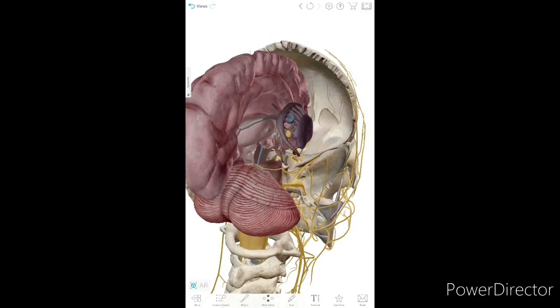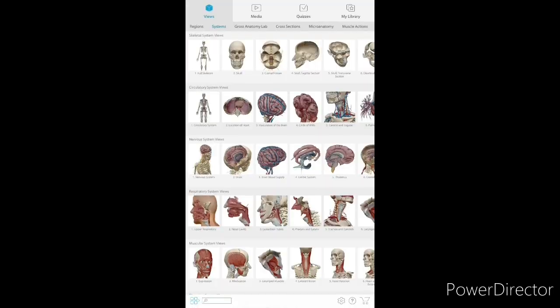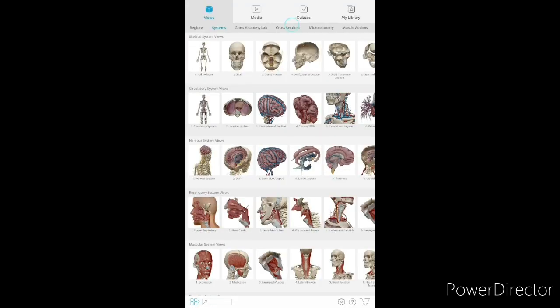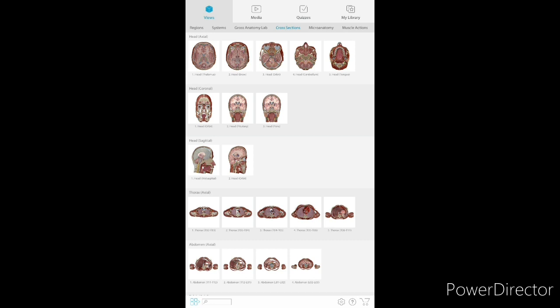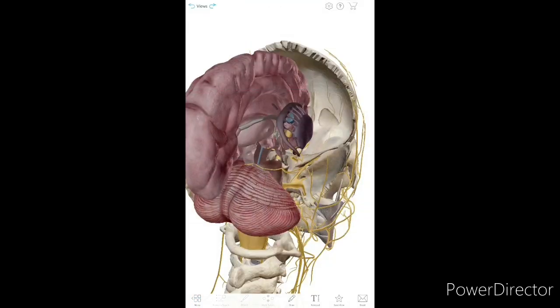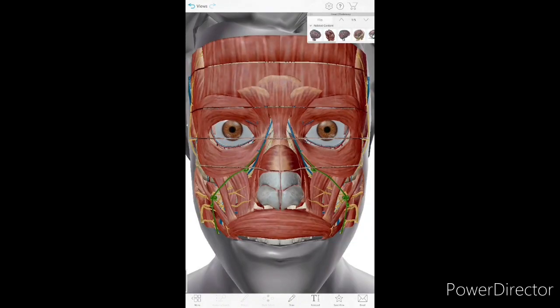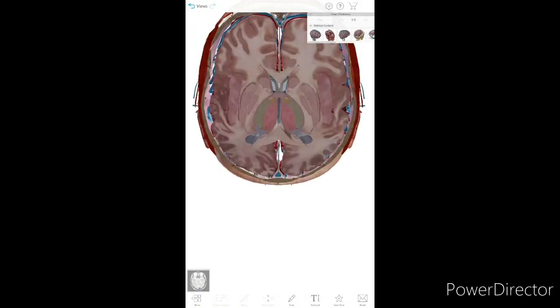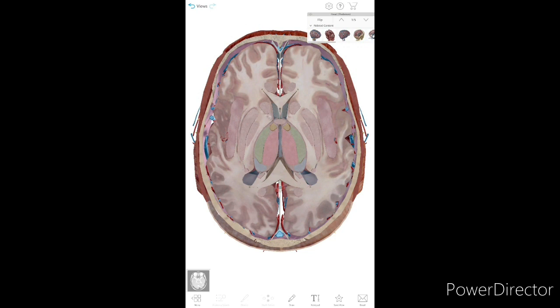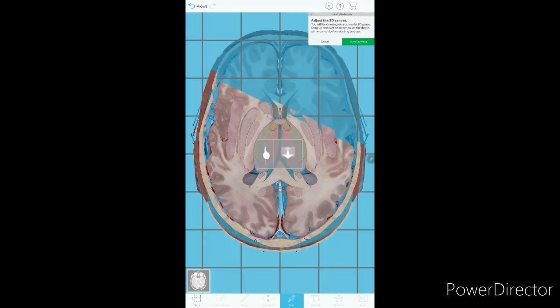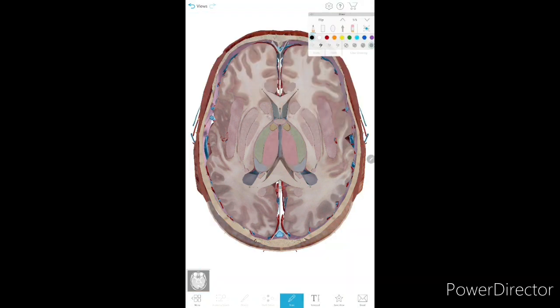Now let's see this in a coronal section. So this, as we said, is the caudate nucleus.